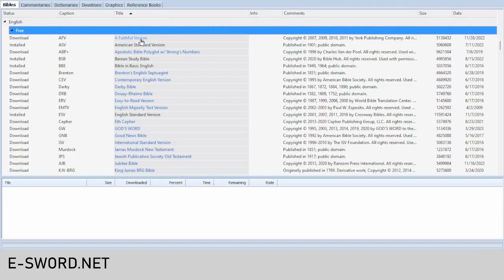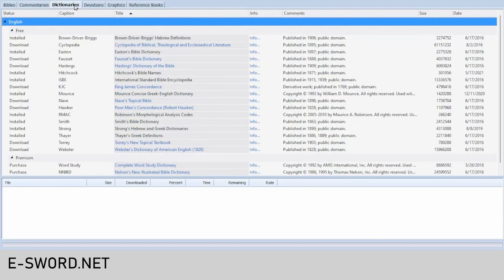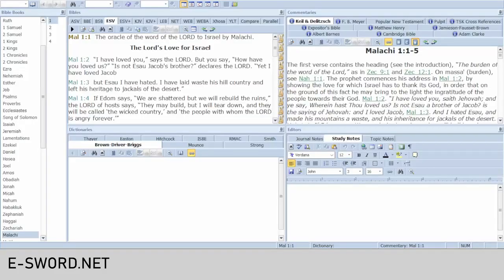The ones that have a blue link, you can click on it and it will install it for you. It will download it and install it. And so once you've installed it, you will have to restart the program. You can also do that with the commentaries and the dictionaries. A lot of what you were seeing there on Bible Hub are also available here.